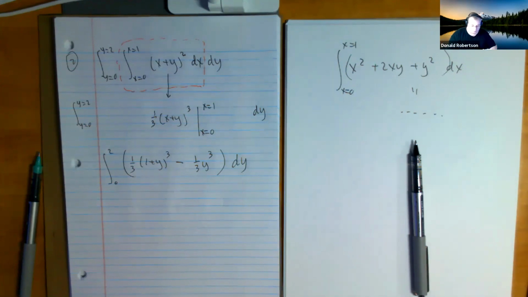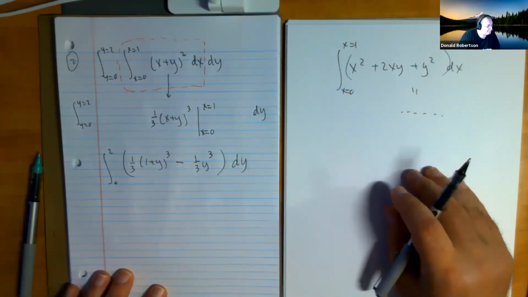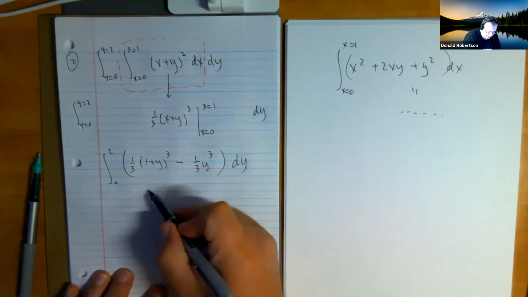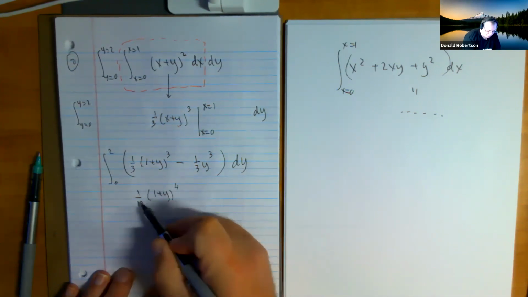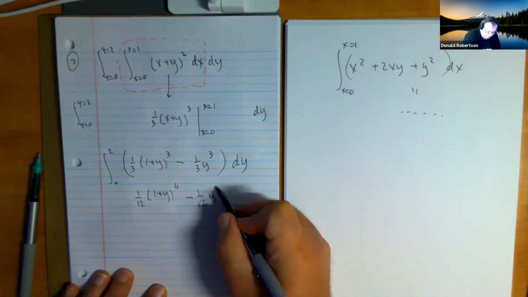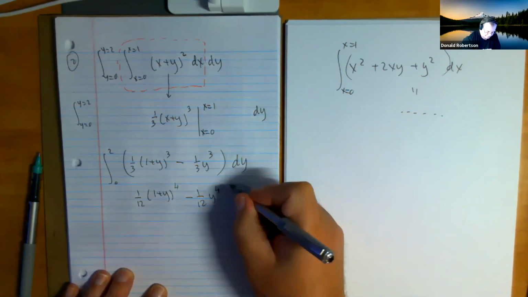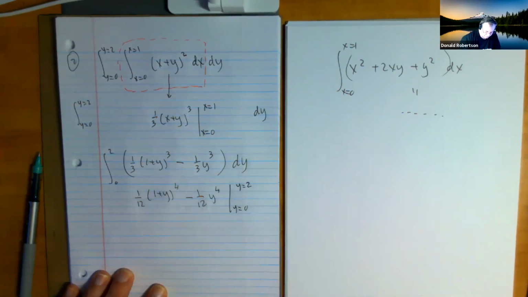And that is a sensible technique. Or can't we just bite the bullet and keep going? See what happens. If you add 1 to the power and divide by the new power, won't you get that out of this fella? And if you add 1 to the power and divide by the new power, you get that. And then you evaluate it, y equals 2 and y equals 0.